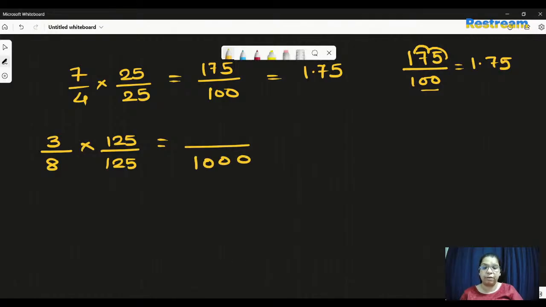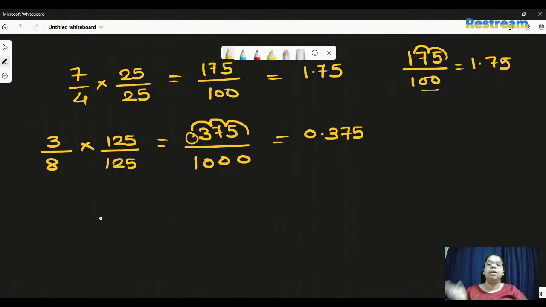And what is 125 times 3? 375. Yeah, 375. So I have 375 over 1000. Now I'm going to imagine a decimal place over here, and then I will jump 1, 2, 3. The decimal place is going to come at this space. So I'm going to write 0.375. This is how you convert fractions to decimals.